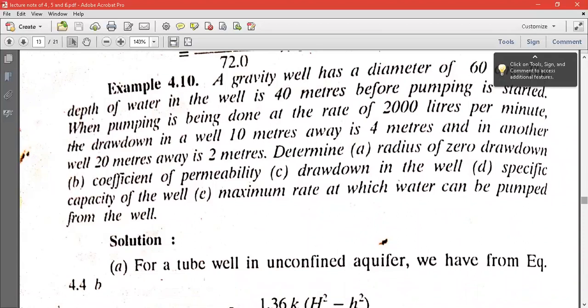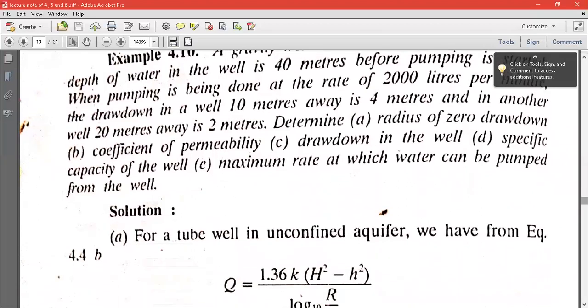You have to understand from the question that it is the unconfined aquifer, because initially the whole thickness, 40 meters, is the thickness of the aquifer, the water bearing stratum. So no question of a confined aquifer, because an impermeable stratum is not there; it is the unconfined aquifer.